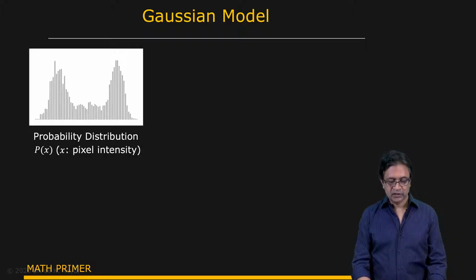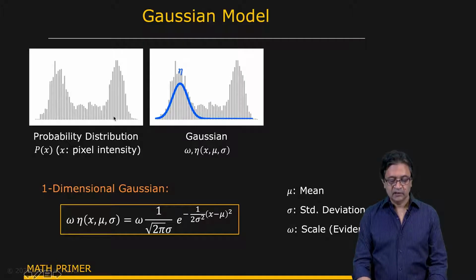So let's just take a look at a single Gaussian. Let's say that this is our distribution right here, and we're looking at this mode right here, this bump, and we want to model this using a Gaussian. Well, if we fit a Gaussian to just that data, you might get something that looks like this. That's your Gaussian. And this Gaussian, as we know, has a width, which is given by sigma, and it has a mean, which is given by mu. So that's your normalized Gaussian right here.